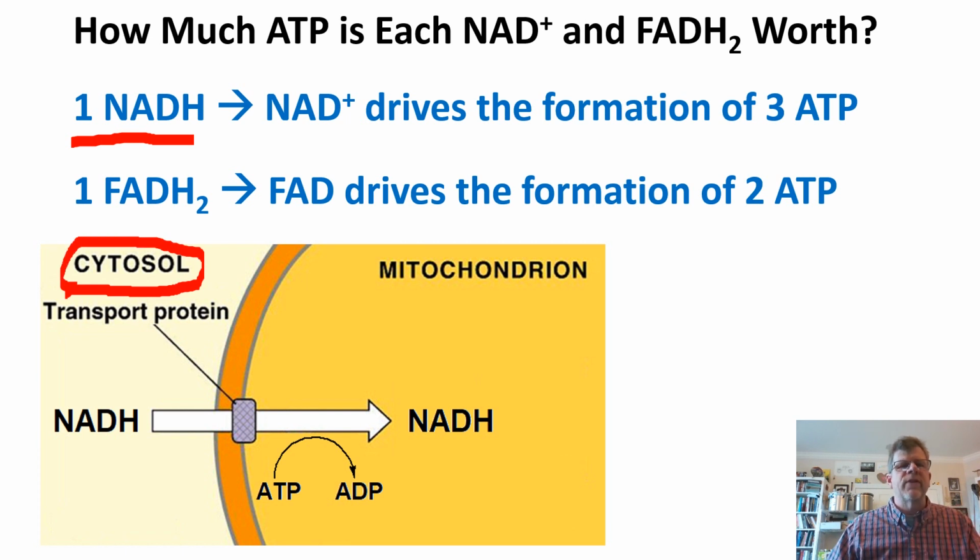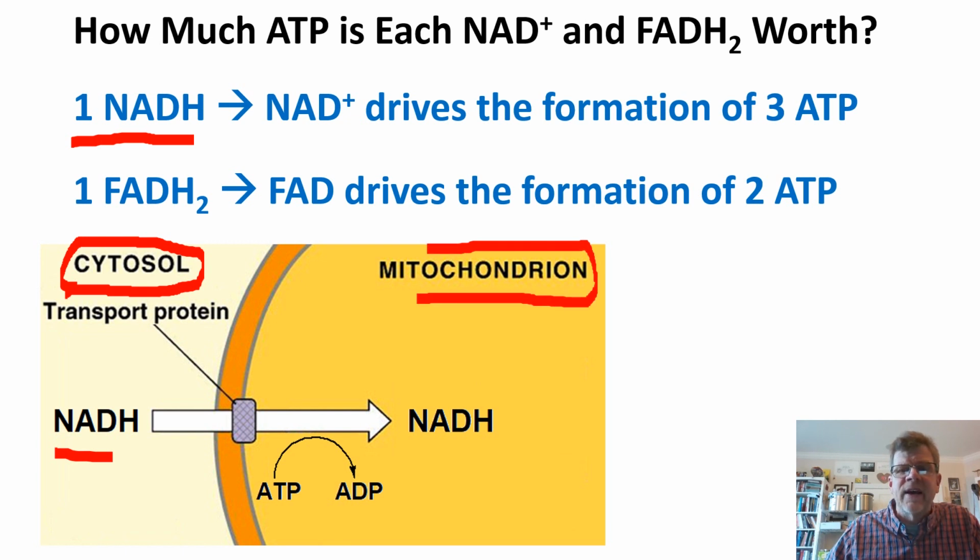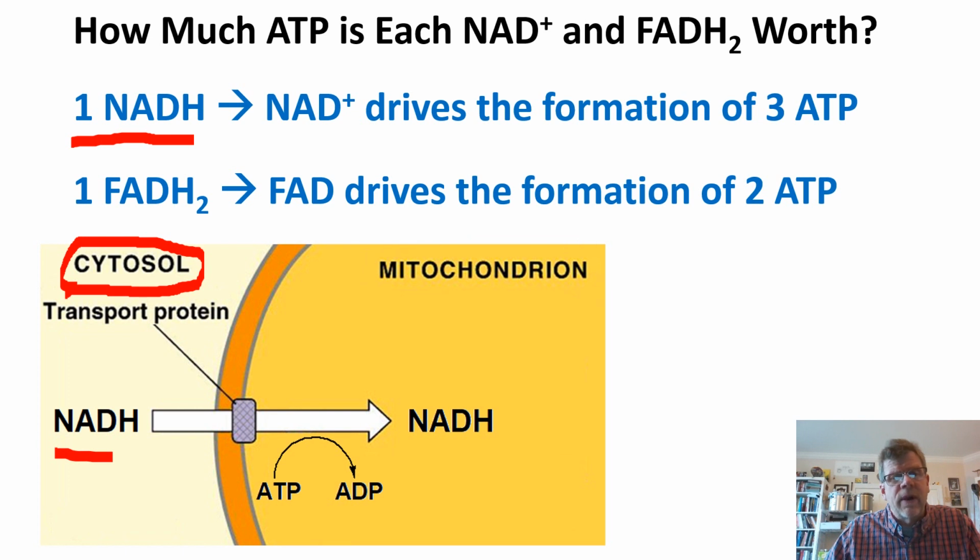That is freely within the cytoplasm, and in glycolysis, NADH is indeed produced. But the NADH produced in the citric acid cycle is formed inside the mitochondrion. So that is different. It's still NADH, but it is formed inside the mitochondrion. So they are considered different.